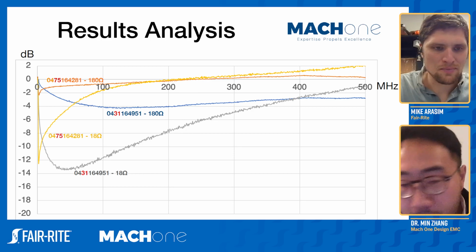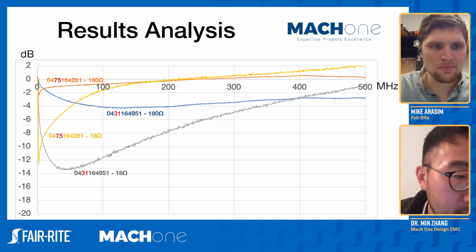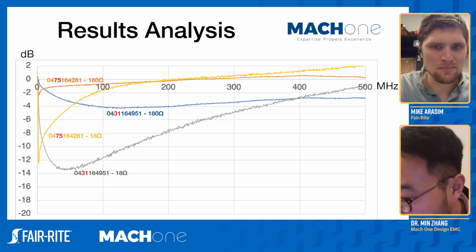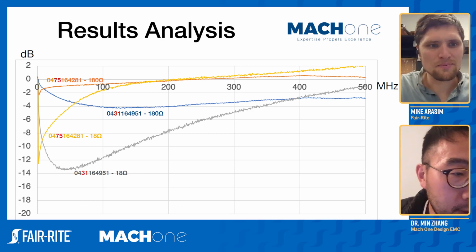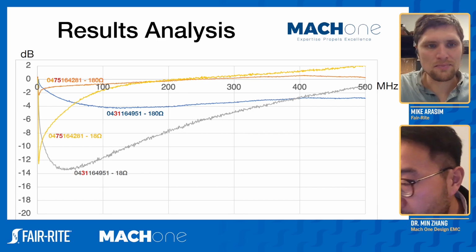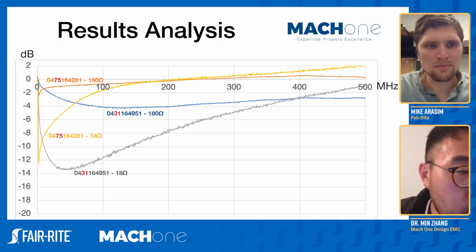At this frequency, perhaps a few hundred kilohertz, it can reach about 12 dB attenuation. Whereas if you have a high impedance circuit, the maximum you can achieve is about 2 dB.